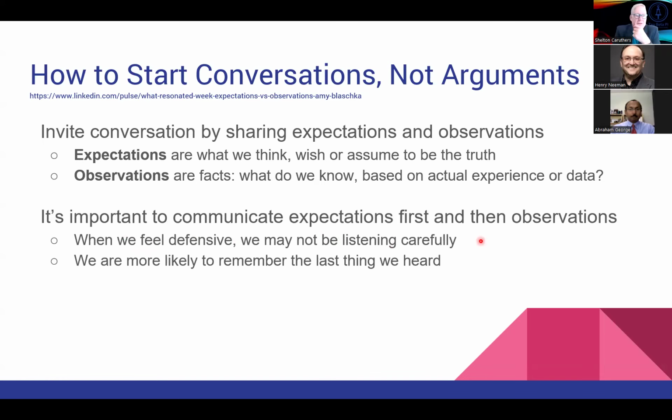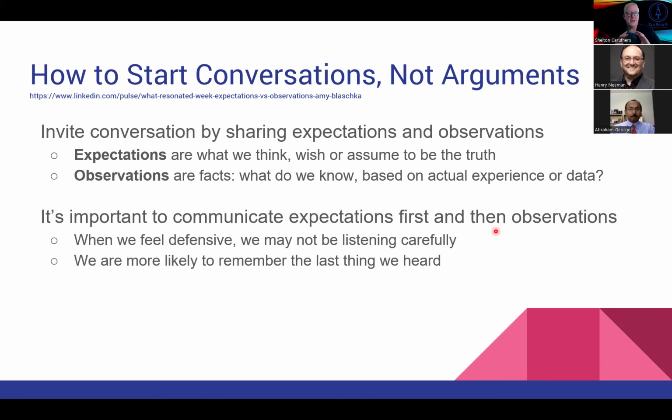But if you start with an observation, like "I saw you not working," it might immediately put the person in a defensive situation. When that person becomes defensive, that's a strong emotion. They stop listening, they get locked in, and we've already set up a potential problem.